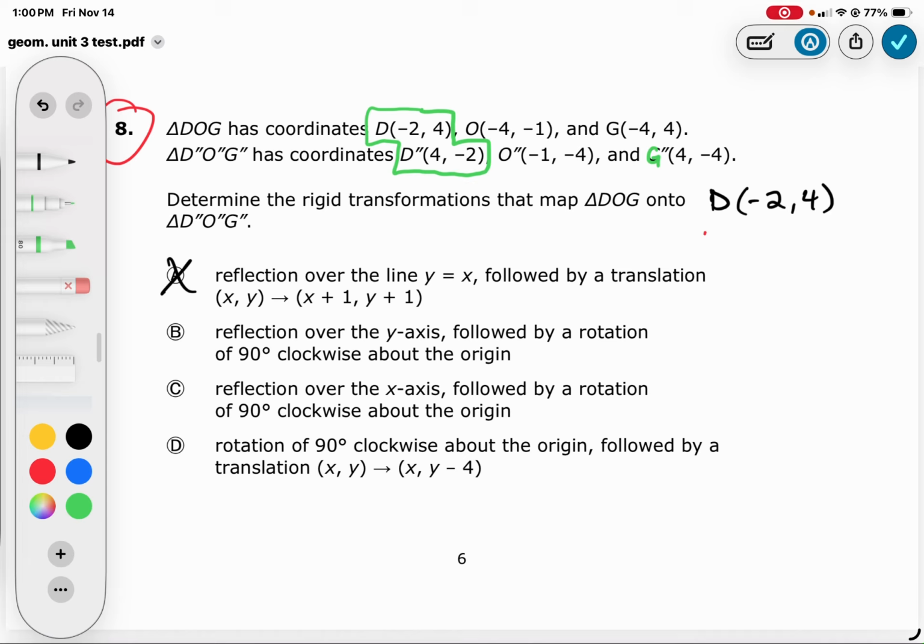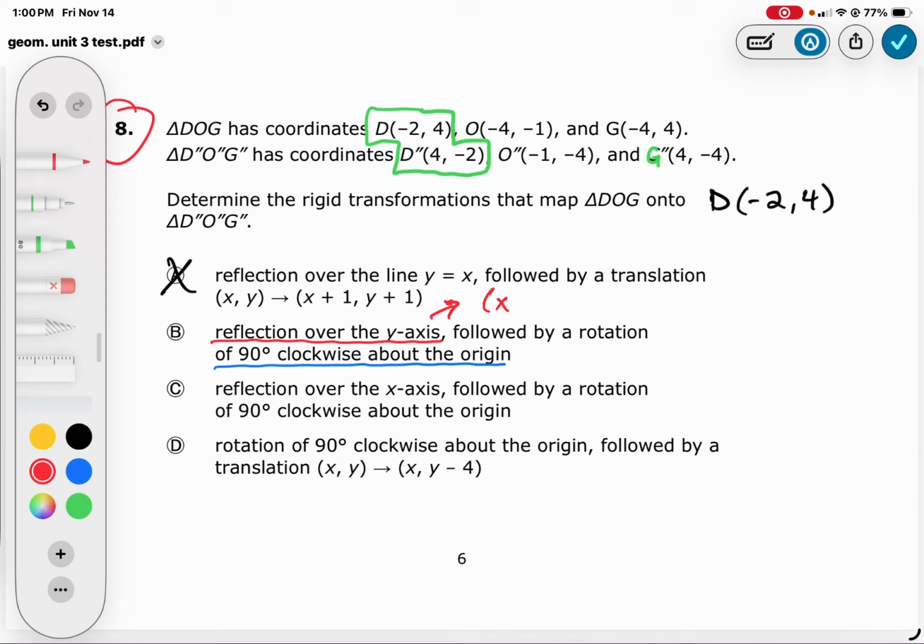Let's go to answer choice B. Answer choice B says reflect over the y-axis and then rotate 90 degrees clockwise. Reflecting over the y-axis, only the x values change. The y values stay the same.